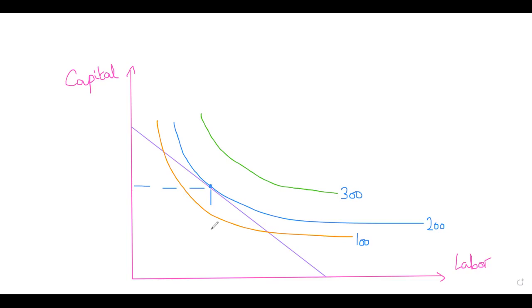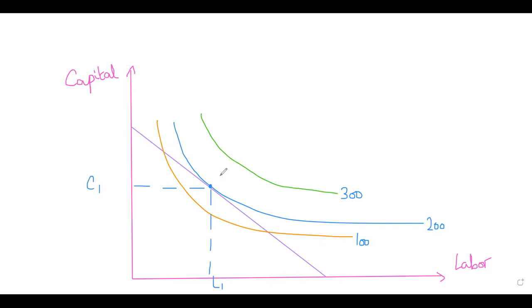This shows you the quantities of the two resources that this producer will hire to produce an output of 200 units of the good.